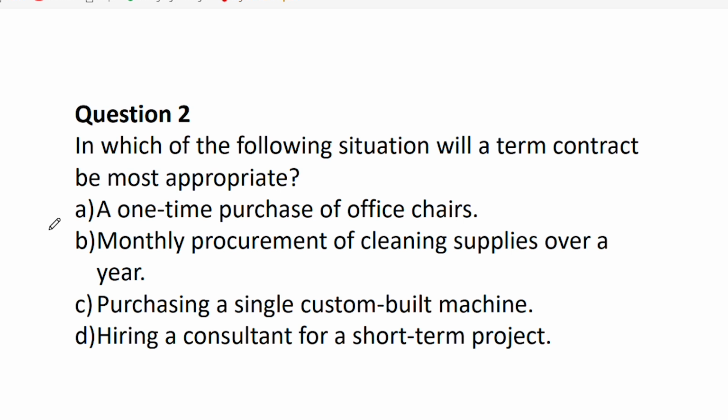Now, you could say, well, it's B, right? But then you might say, what about hiring a consultant? We don't know. Probably the consultant shows up for a day and then they go away, or if and when you need them. So that's more of a framework agreement. So in this case, B is the best because it's over a fixed term, and then they're supposed to supply every month.